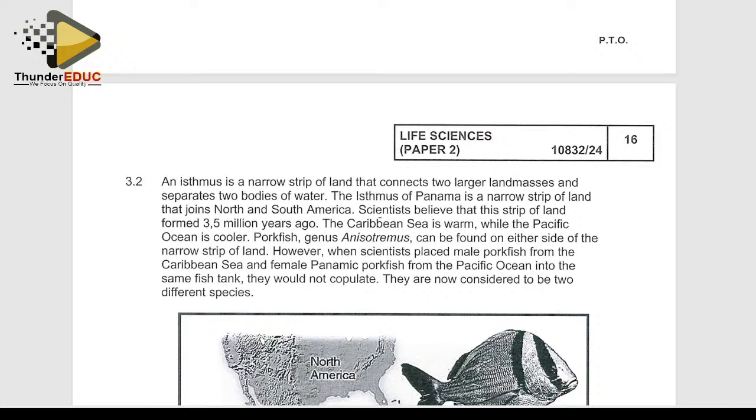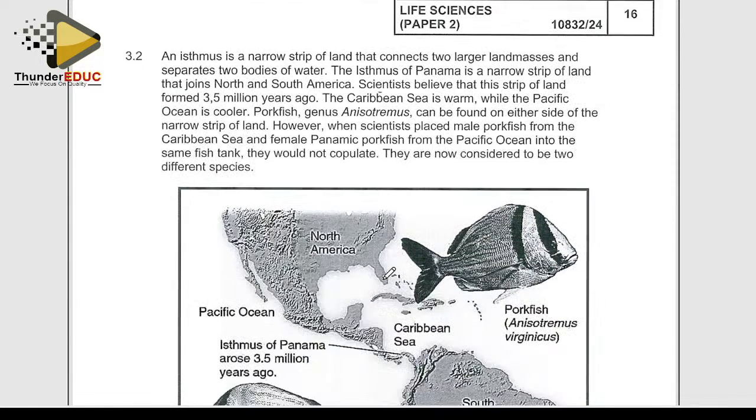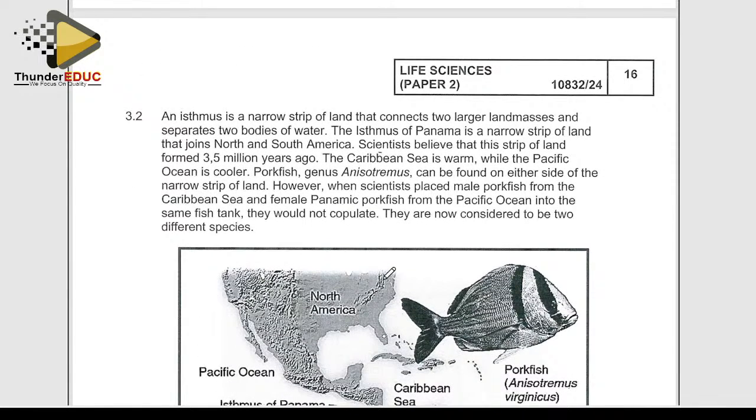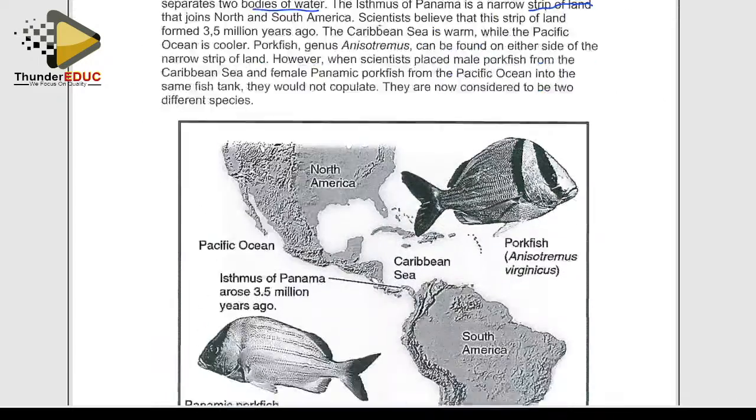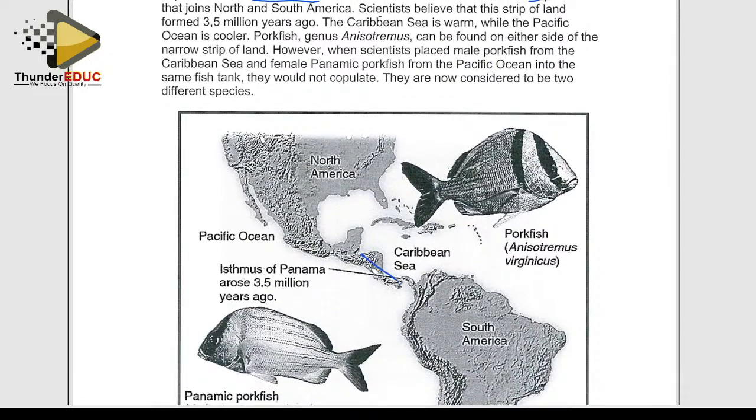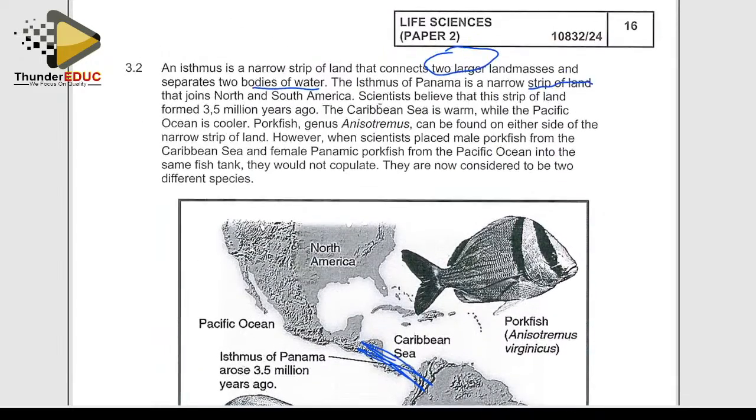Okay. Let's go to the next one. Connected to two large masses. Okay, these two large masses. Did you guys read this? It says it is separated by two water bodies. This island of Panama is a narrow strip of land that joins North and South America.